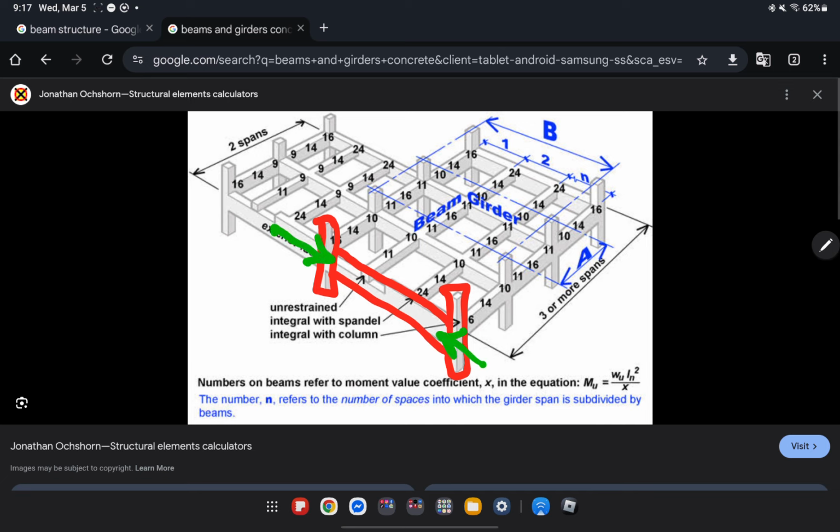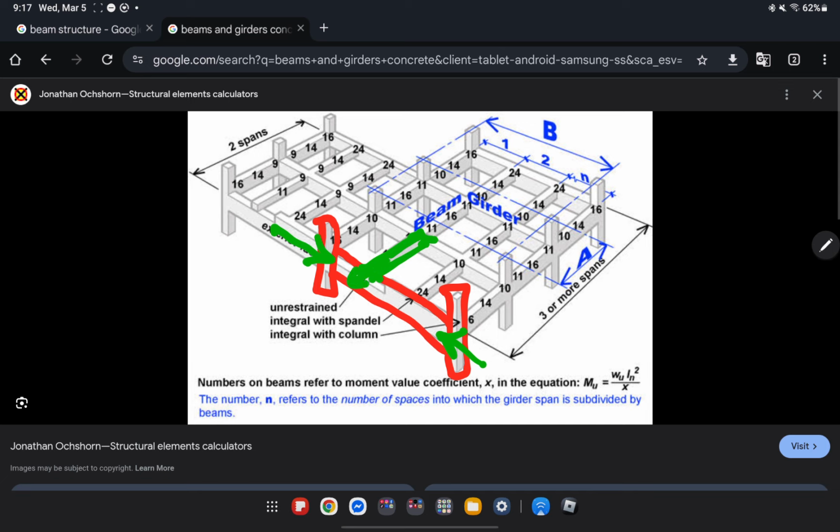So there is lateral support required. While the beams, on the other hand, this one, pass the load onto the girder.